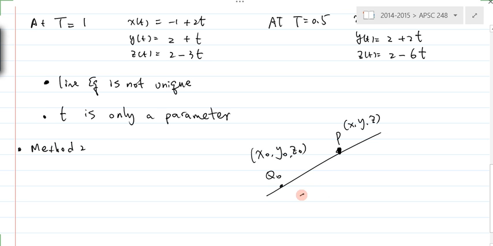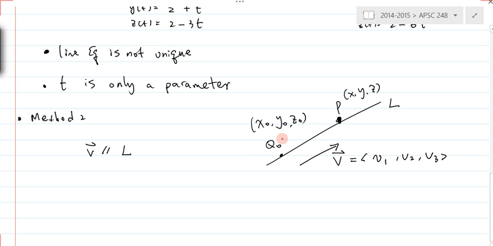Suppose I know another vector v, and this vector v is parallel to the line L.